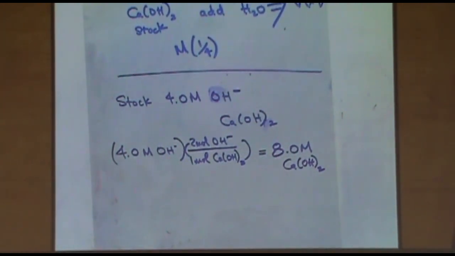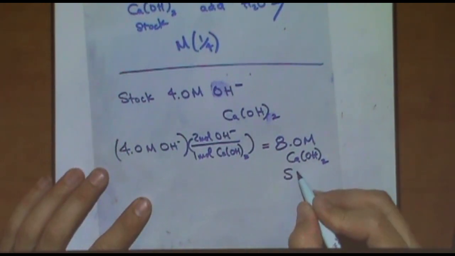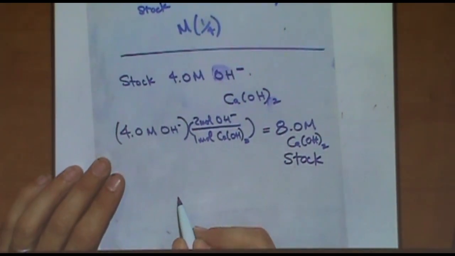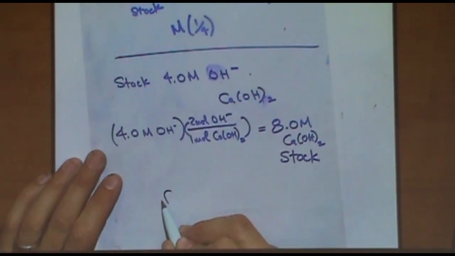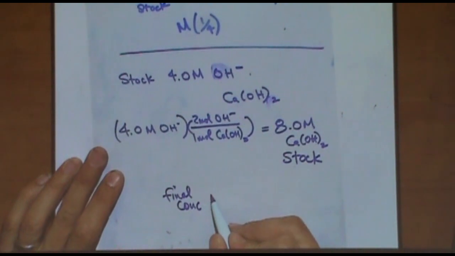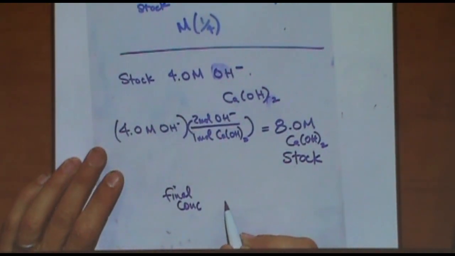So now we can do the question. What was the concentration in the final solution if this is stock? So what's the final concentration? Okay, just a second, let me write down the number.